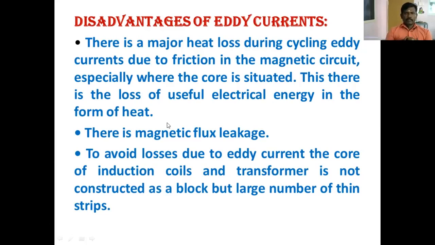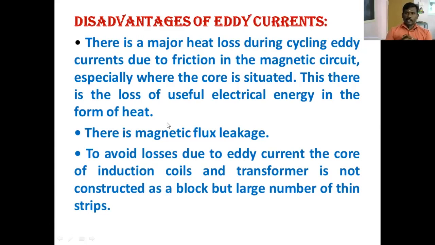And the last one: to avoid losses due to eddy current, the core of the induction coil and transformer is not constructed as a block but as a large number of thin strips. Already I told it, we are not ready to use thick metal to produce the eddy current.